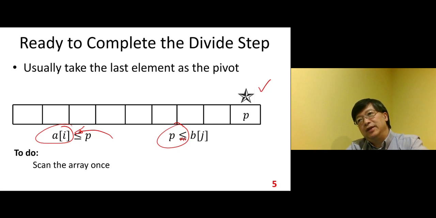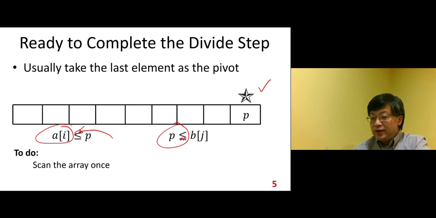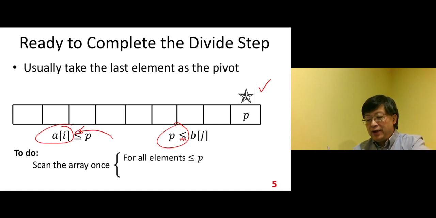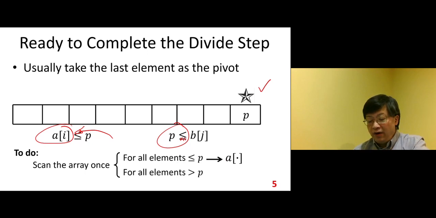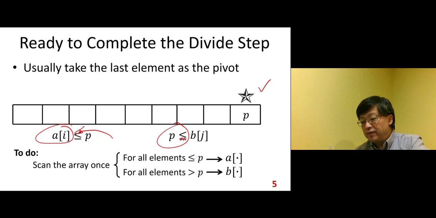Although if you want, it's okay. All right. Then, here you can see for all elements less than or equal to P, that's in the A array. For all elements greater than P, then we put in B array.